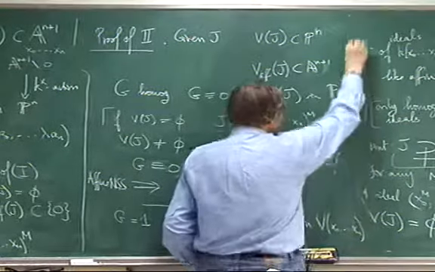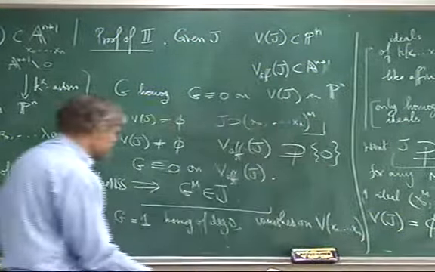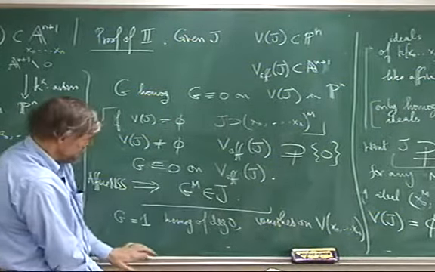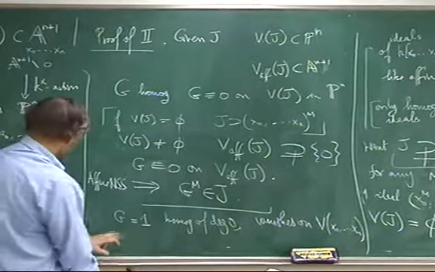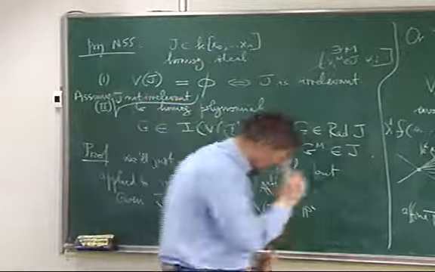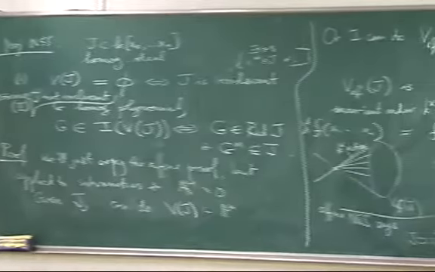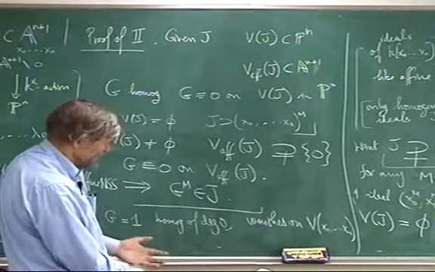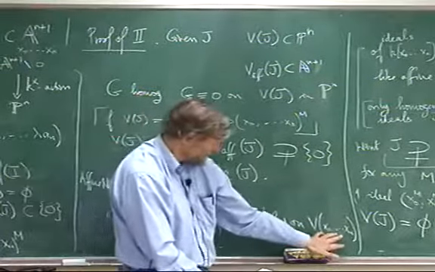Right. And so I did actually use the fact here that this is not the empty set. So this would not be true without this assumption, because G could be the homogeneous polynomial 1. So G is 1, and if I ask for the set of points where this vanishes, I get the empty set, but that's okay because this one is also the empty set.